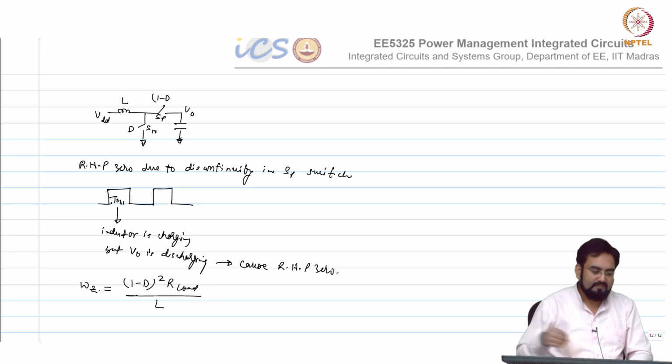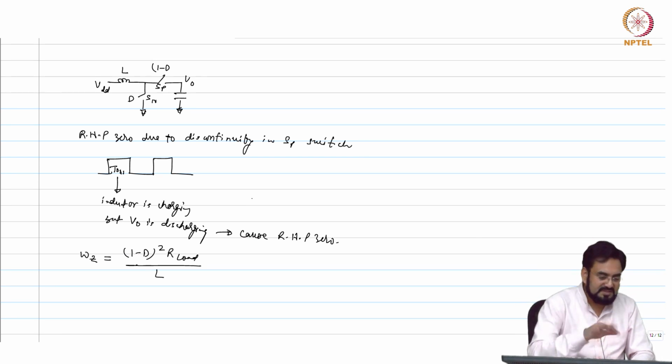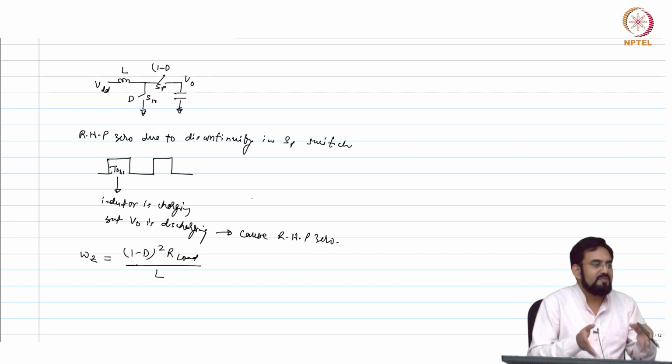So if I make this R load infinite, then it will be pushed to very high frequency. What about the L? If I reduce the L, omega z will go high. So these are the ways to control this, and this will limit your bandwidth actually.